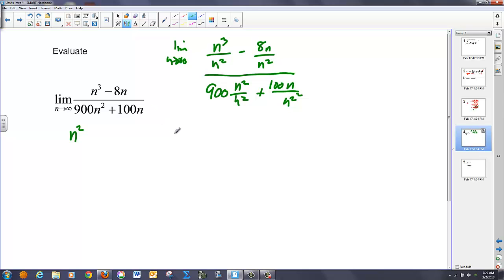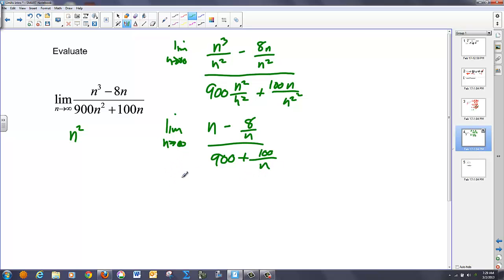So now once again, we'll do some reduction. Have the limit as n goes to infinity of n minus 8 over n over 900 plus 100 over n.